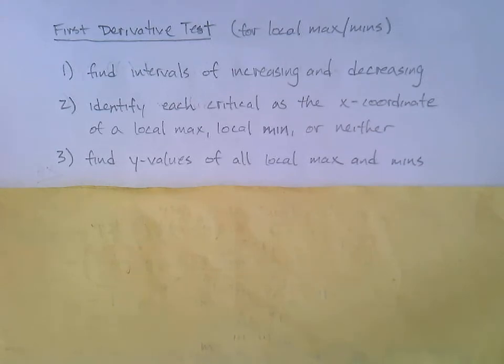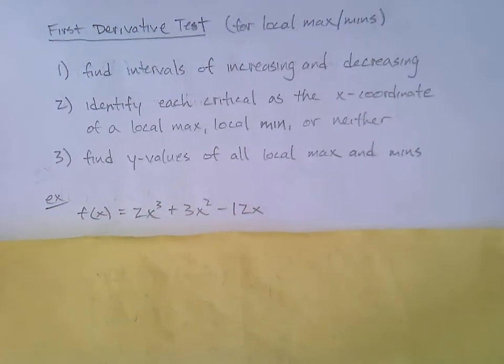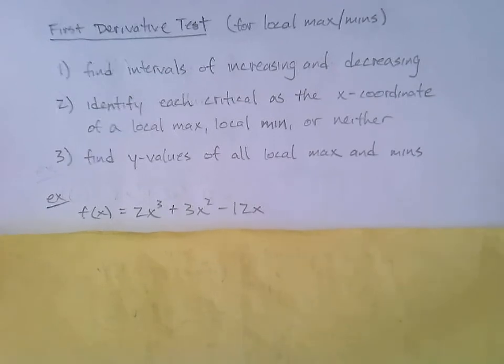Okay, great. Let's look back at that previous example, and we will identify the maxes and mins. So f of x equals 2x^3 + 3x^2 - 12x. Pretend we go through all of the steps for the increasing, decreasing test.